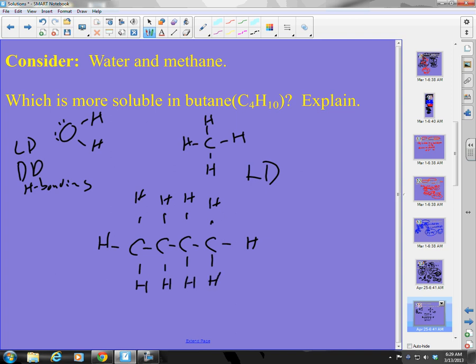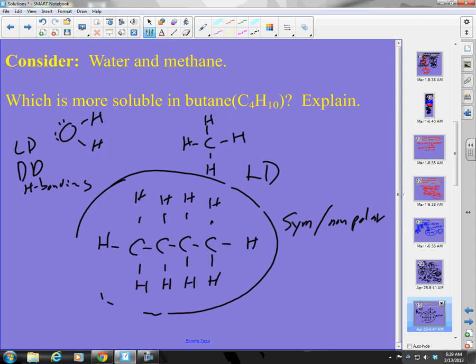Good. Does that look like it is symmetric? Or does it look like it's non-symmetric? Well, actually, it is symmetric. That means it is nonpolar, because not only is it symmetric, but everything around my carbons are exactly the same. So it's nonpolar. If it's nonpolar, it only has London forces. So which of these is most likely to dissolve in it?